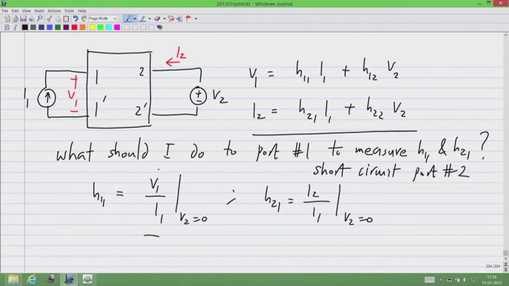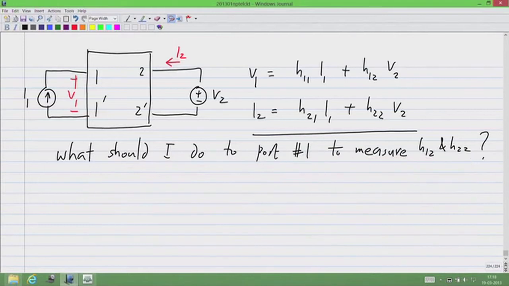What should I do to port number 1 to measure H12 and H22? To measure H12 and H22, I should do something to port number 1. What is it that I should do? Clearly, I1 should be set to 0. Now, what does it mean? Port 1 is open circuited.